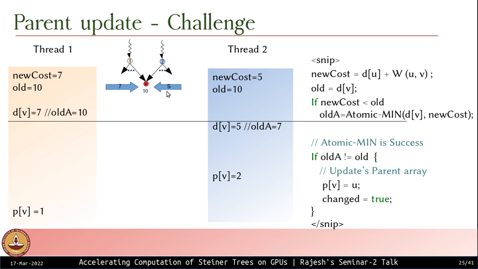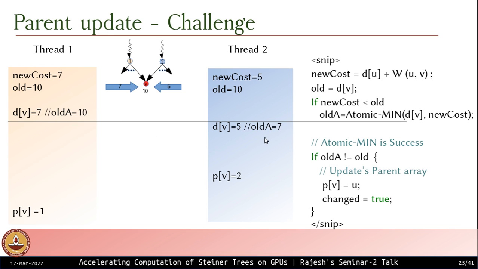Before we get to that, ideally what do we want? We want the distance of v to be 5 at the end of this step, which is the least value, and we need the predecessor value for v to be 2, because it is via 2 that the distance to reach v is 5, right.